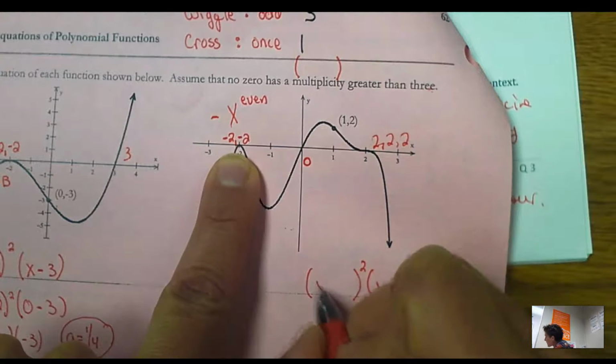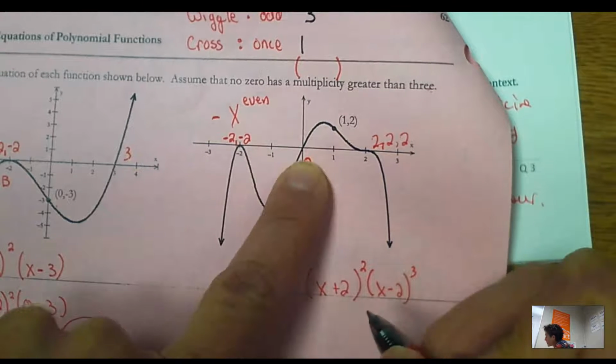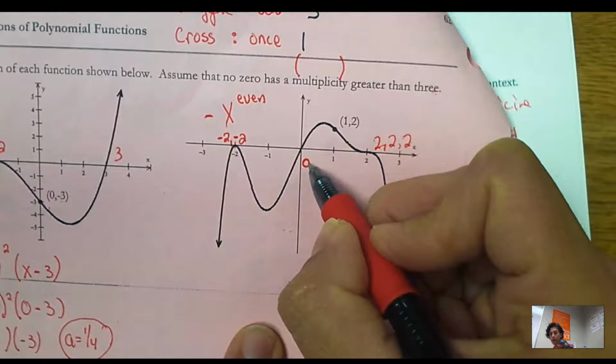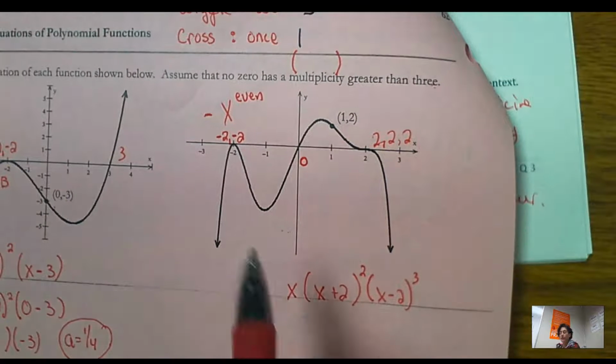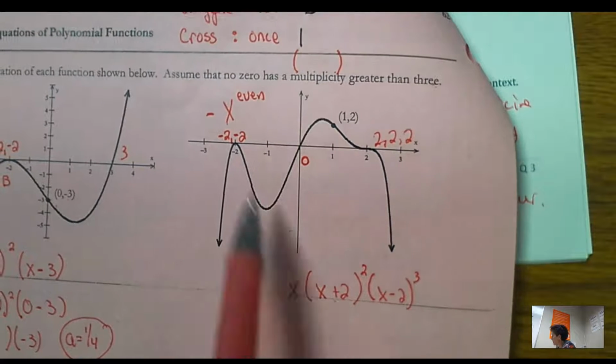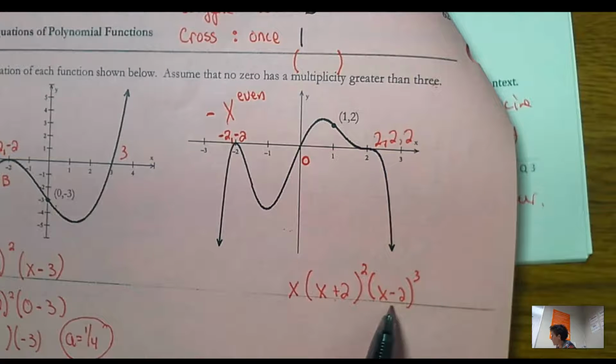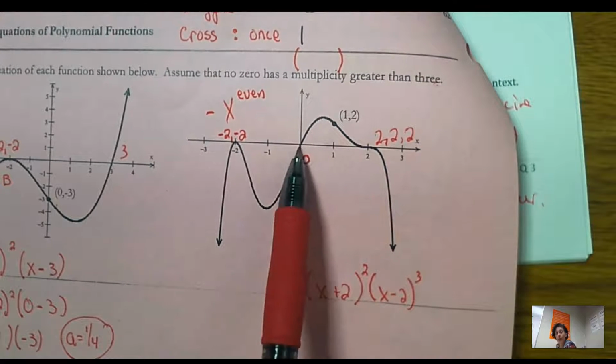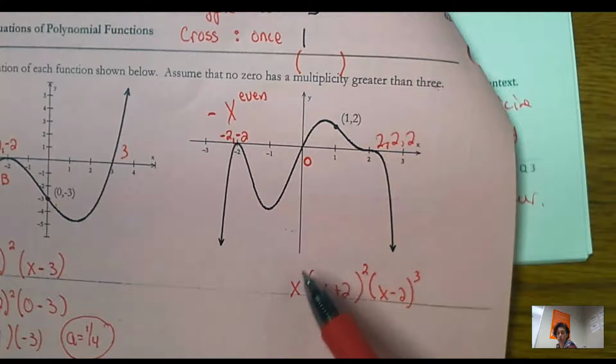And the factor that gave me that is x plus 2. I like to put the single one on its own, because the factor that would have given me 0 is the x. So this factor gives me -2, this factor gives me 2, and this factor gives me 0. If this had been a bump, for instance, I would put a squared.